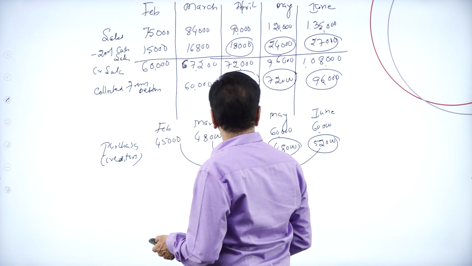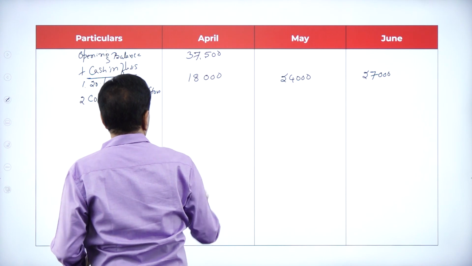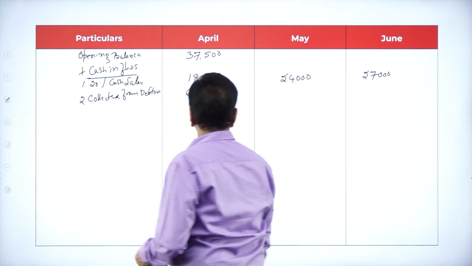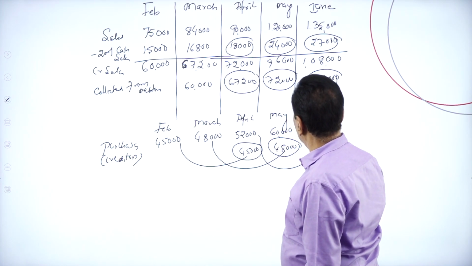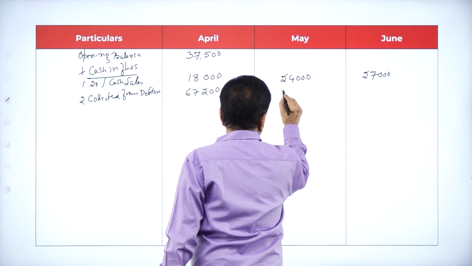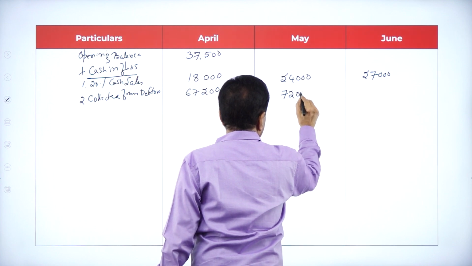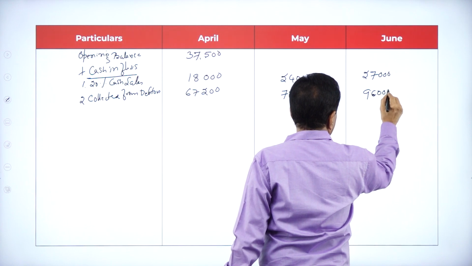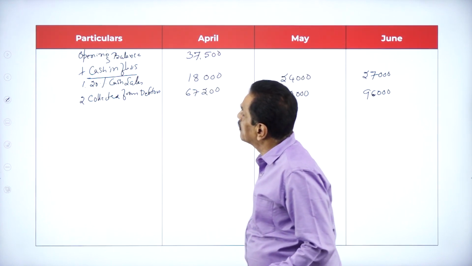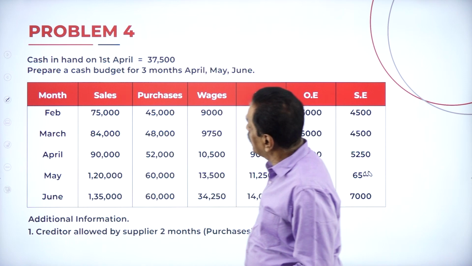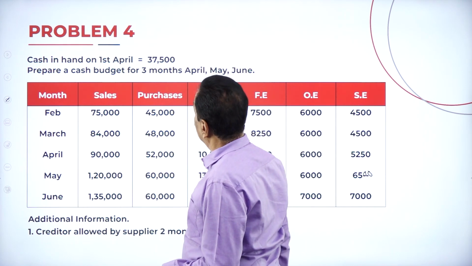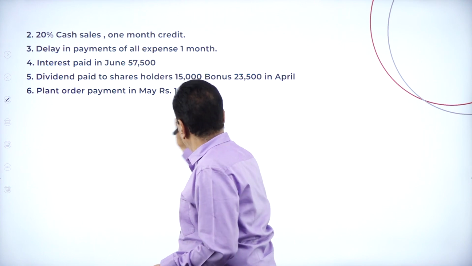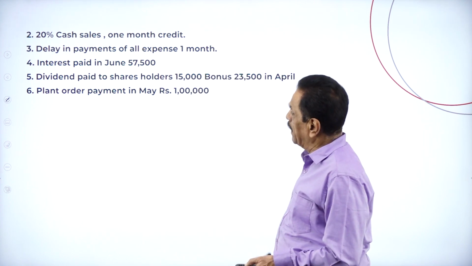So 67,200, then see that 72,000, 96,000 collected from debtors. Any inflows are there? See that this creditor, okay. Sales, delay in payment, interest paid, dividend paid, plant paid, all paid.